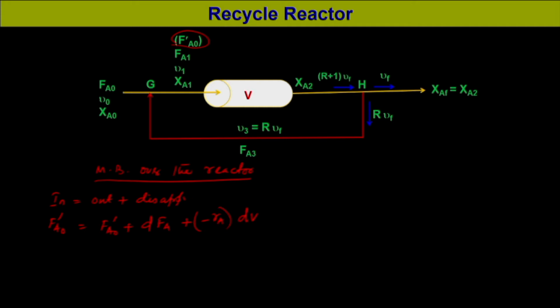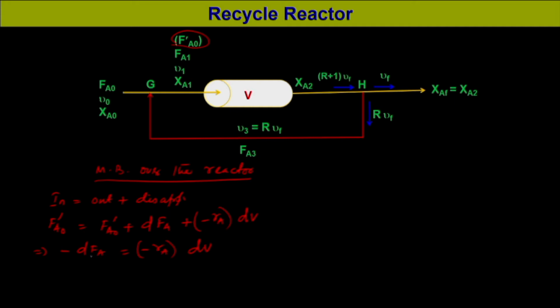So from here, minus dFa would be equal to minus Ra into dV.